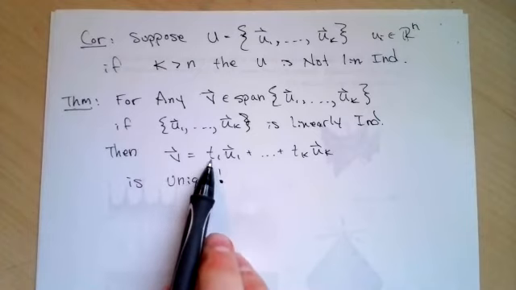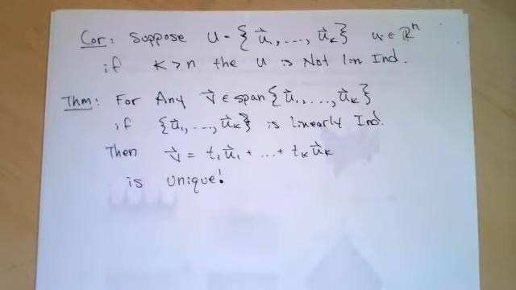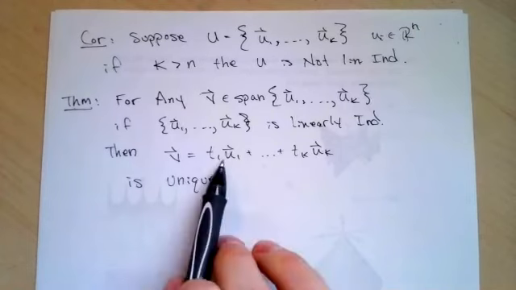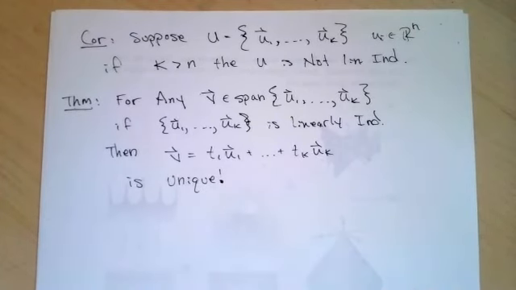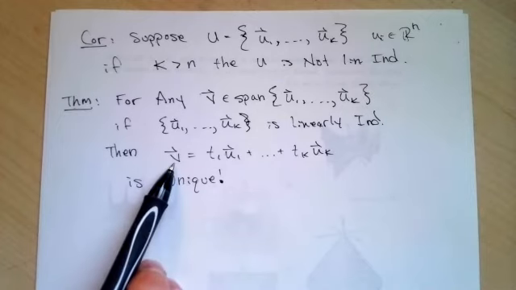There is only one combination of these t's that when we multiply them by their corresponding u's and add them together, we will get v.